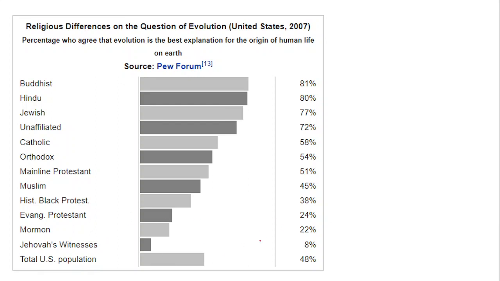That major groups of world religions are Buddhists, Hindus, Jews, Catholics. I remember Catholic and Orthodox are sort of like the East-West divide in the original Christian church. And then you have Protestants, of which there are mainline Protestants, which are a large group, and then you have your evangelical Protestants.